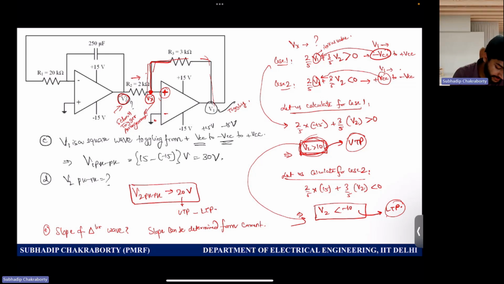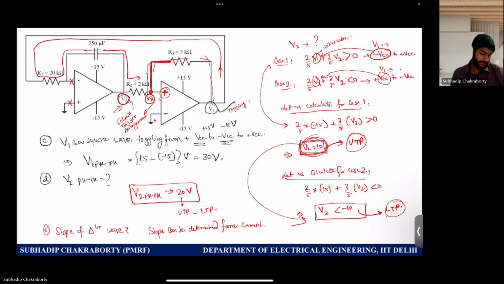So this current is flowing through this capacitor like this, because it cannot go here, neither here. Two points are isolated, right? So the current is flowing like this, and due to the negative feedback arrangement of the first stage, we can assume virtual short, which is nothing but this point is also at 0 volts.